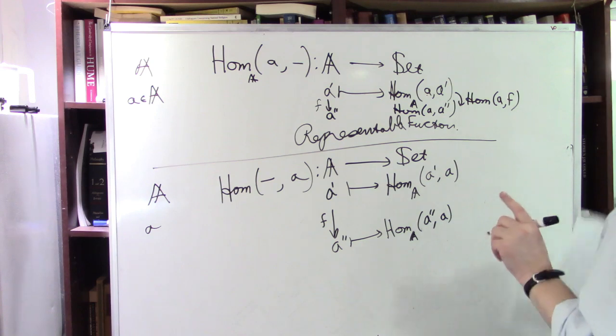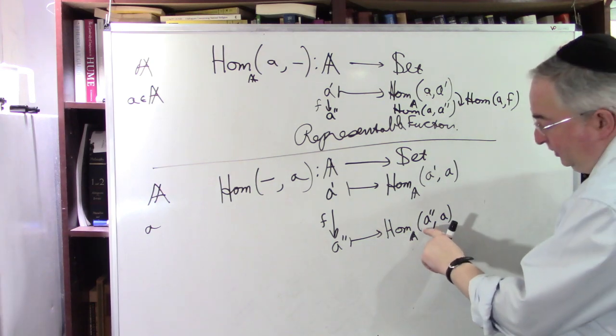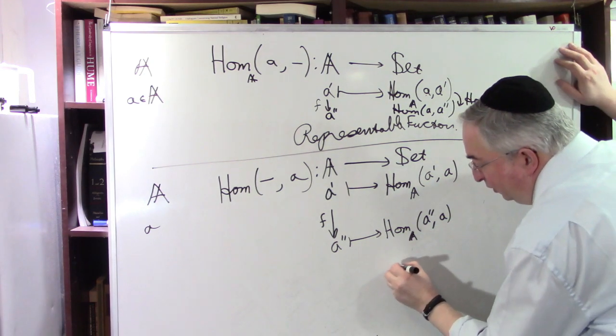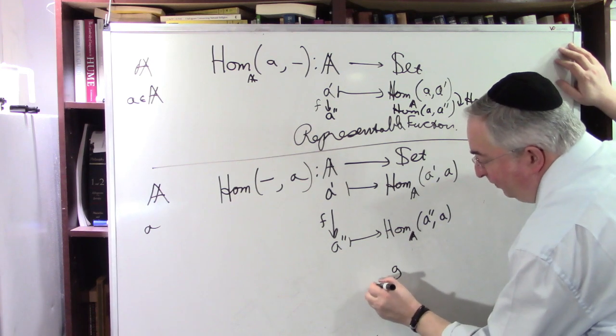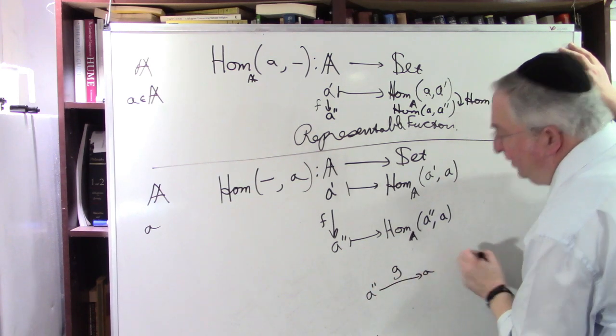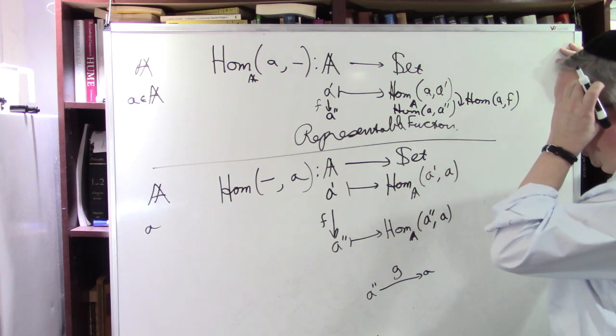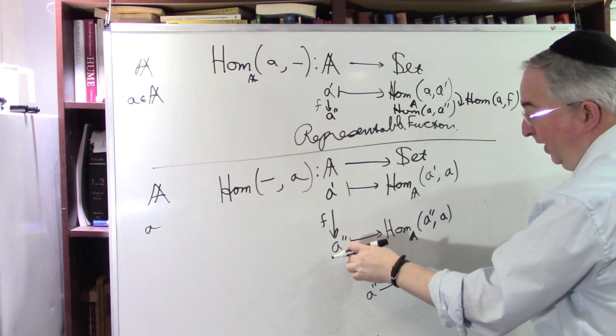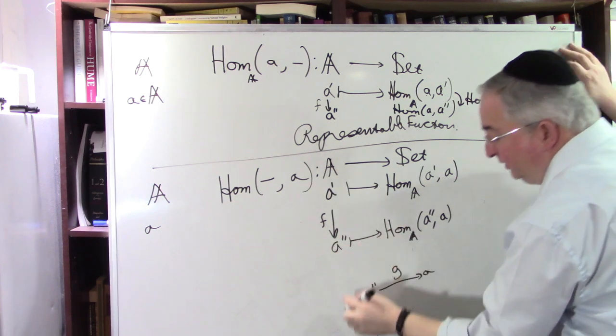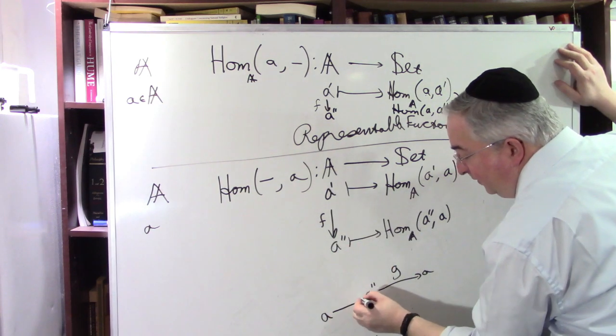We have to be careful. Let's follow it. You're going to have a map, we'll call it G, and G goes from A double prime to A. Now you have another map, and the other map goes from A prime to A double prime.